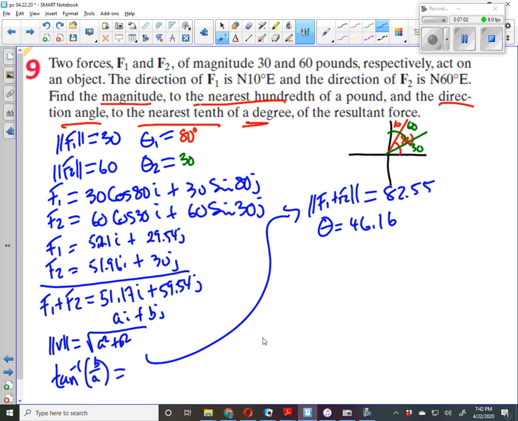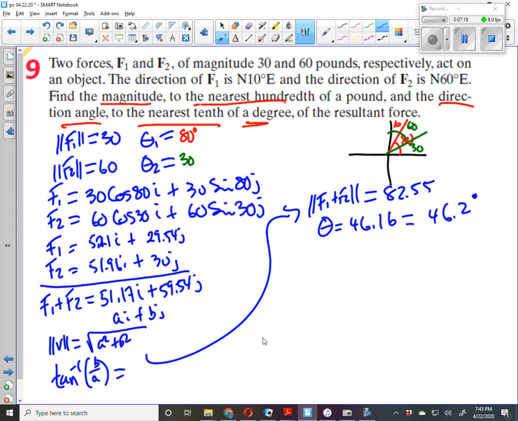And again, remember, we probably need to make sure that we represent that. This should have been actually into the nearest tenth. So 46.2 degrees. Let's make sure we answered our question.